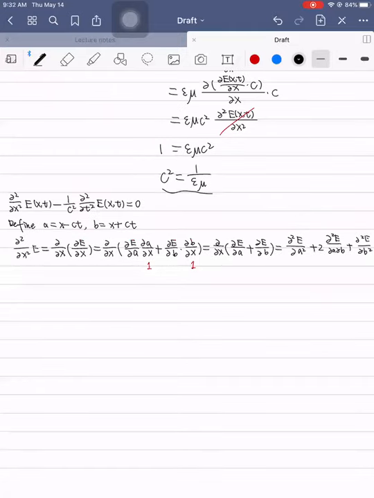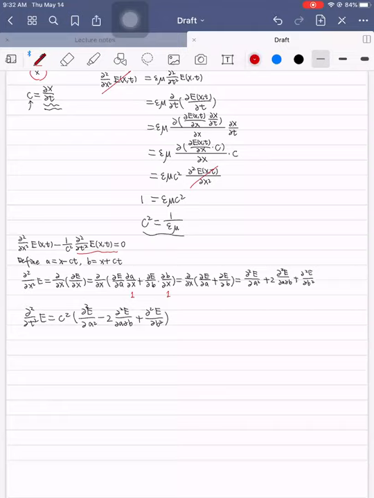And similarly, we can do the second order time derivative to the second term. We can get this.